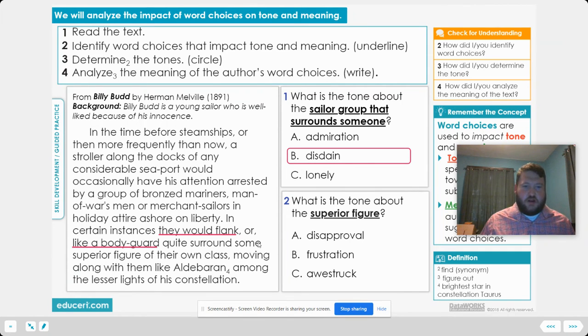We then get to our second set of words here that go along with the second question. What is the tone about the superior figure being talked about here?